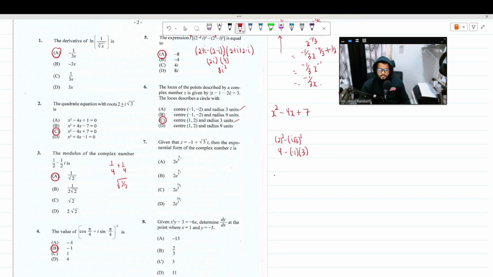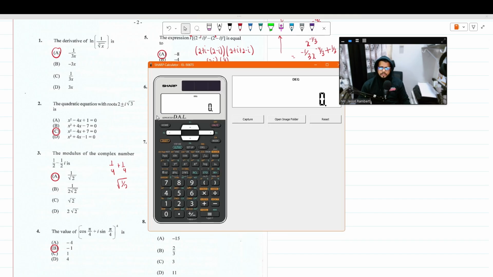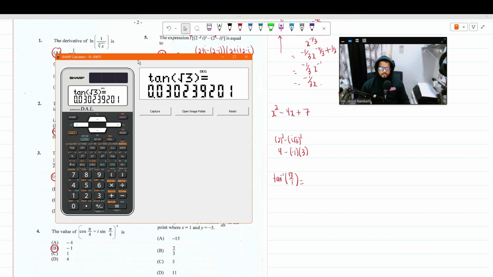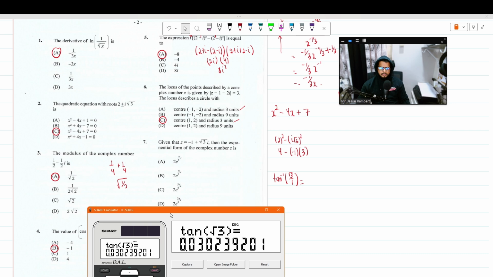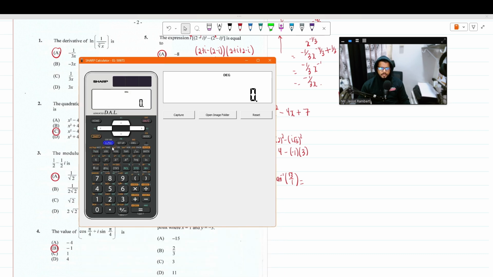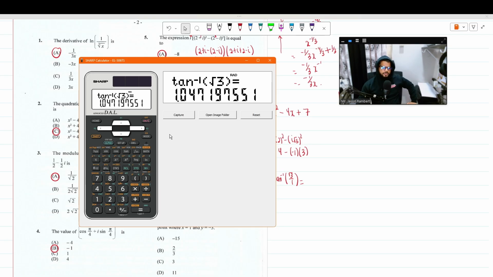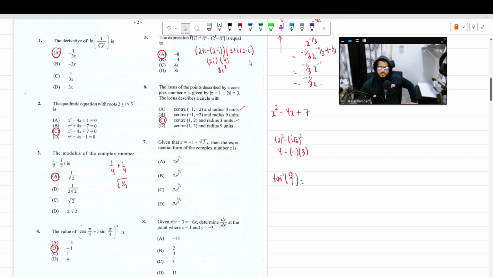I'm going to say tan inverse of root 3 over 1 is equal to, let's check it on the calculator. I know tan inverse of root 3 is pi on 3, I believe. Yep, so tan inverse of root 3 is pi on 3.